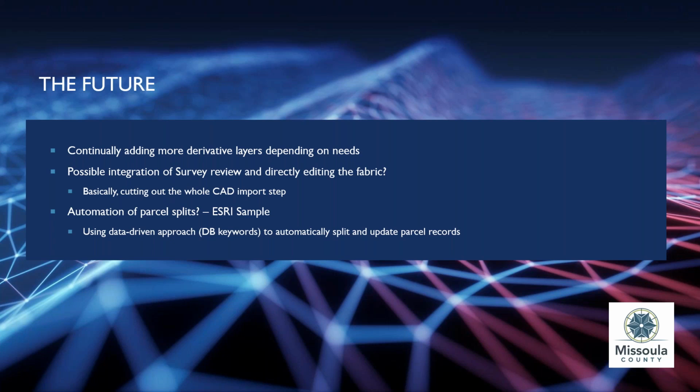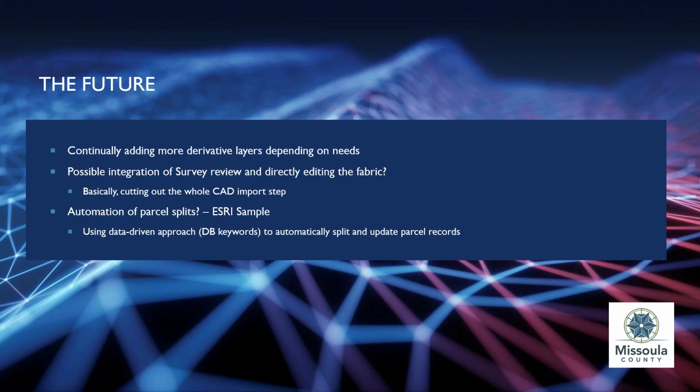Thinking about the far future is a possible integration of the survey review process into the fabric itself, which basically would mean cutting out the whole CAD import step. That's a lofty goal, but it's definitely possible. And the automation of parcel splits is something I've really been curious about, and I referenced a sample at one of these meetups maybe a year ago, where it's using a data-driven approach.